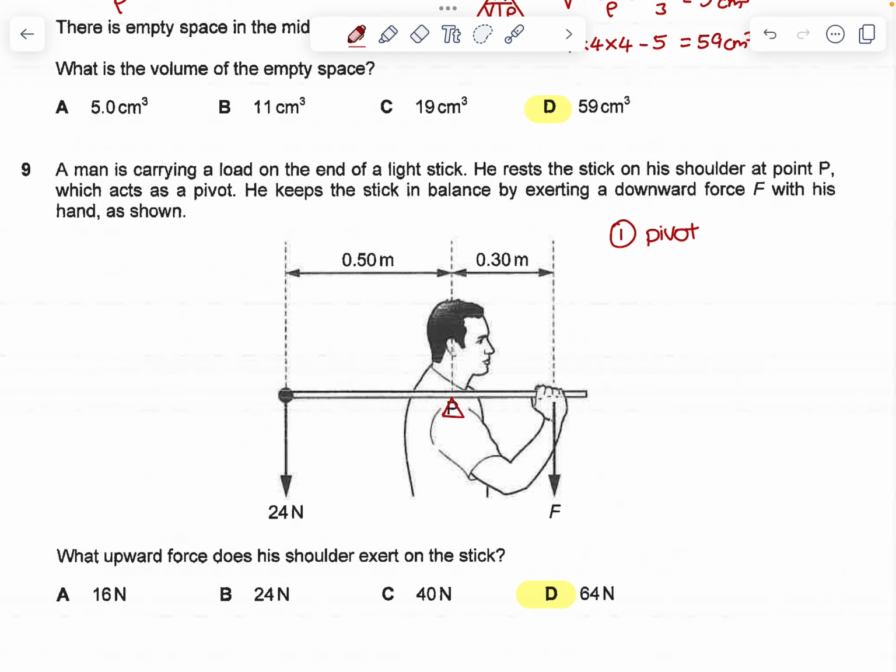Pivot is at P. Second, we draw the line of action. So here will be the line of action for the 24 newtons. This will be the line of action for force F. This will allow us to find the perpendicular distance to the pivot.